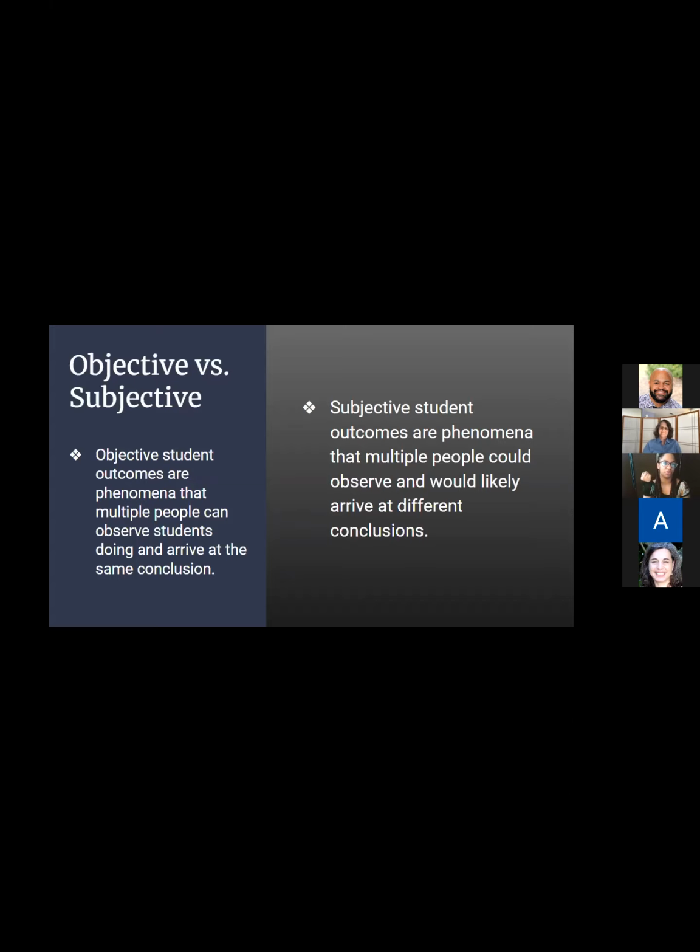The thing that I would add to that is that when you are looking at subjective outcomes, you are able to acknowledge things that are multi-layered and complex. And I think a lot of the comments that you added definitely point to that. And there are a lot of reasons you can't just ask a student, hey, are you engaged with our campus community?